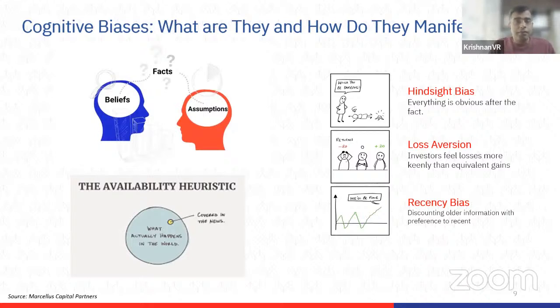For example, for me, this is a very easy test, and I find it quite amusing when I talk to people, to make this point on availability bias. So let me ask you a simple question, right? In India, how many people do you think die from road accidents versus tuberculosis?